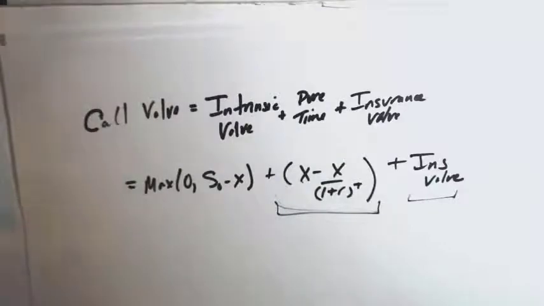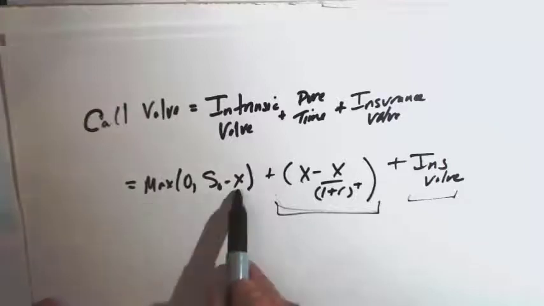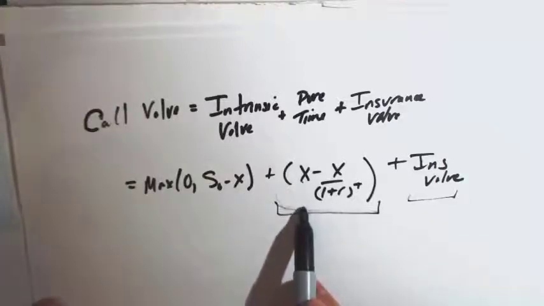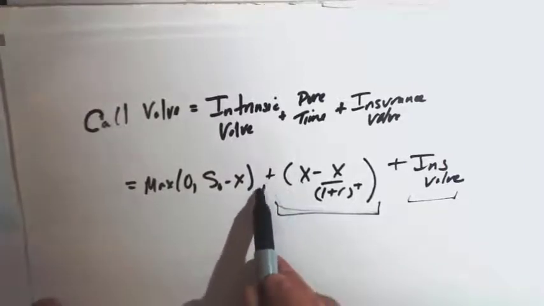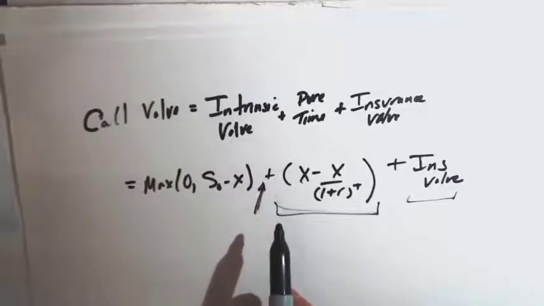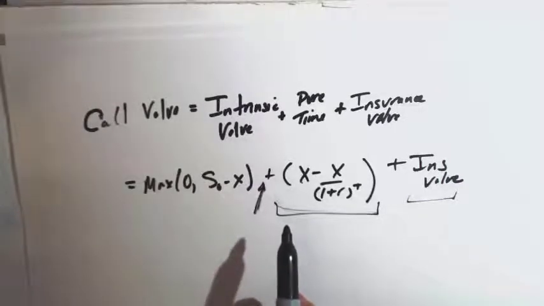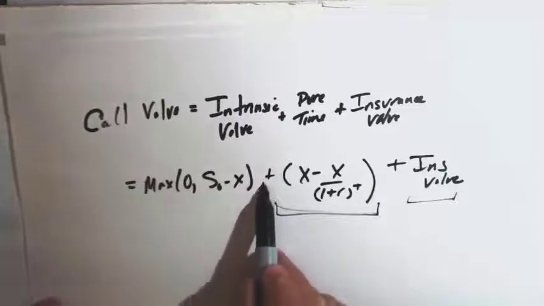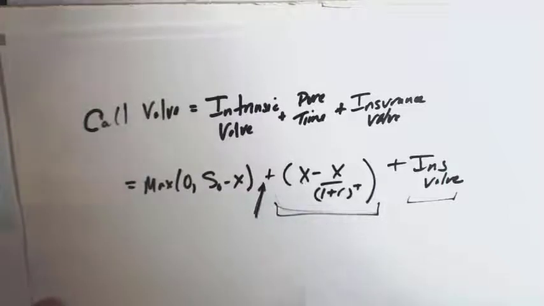Okay, so what you see here is the intrinsic value plus this time value. Now, what you may not think to ask is, why is that positive? Why isn't it negative? It turns out to be positive for a call option because when you're holding the call option, you can defer exercise.